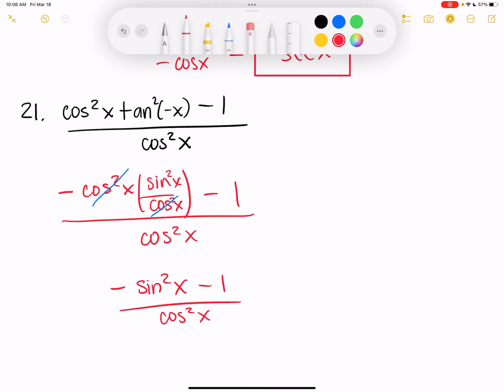So sine squared of x minus 1 over cosine squared of x. Can I do anything with that? I can't do anything with that because there are two things on top. So we have to deal with that. What can we change cosine in terms of? Can we add one or something?